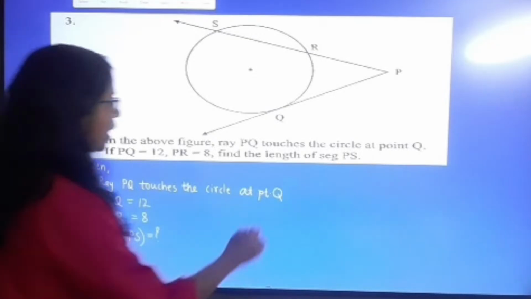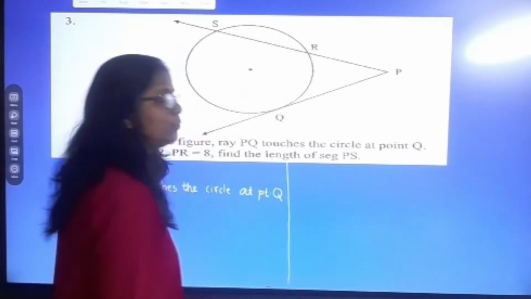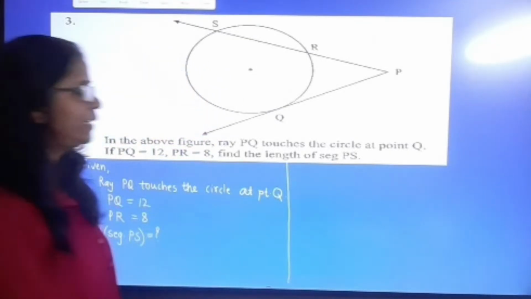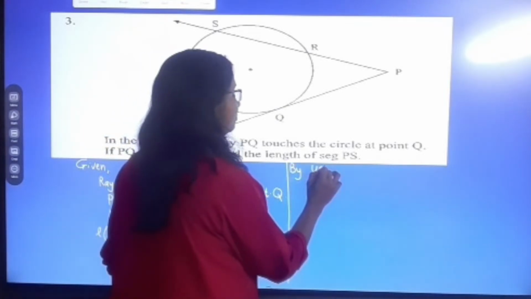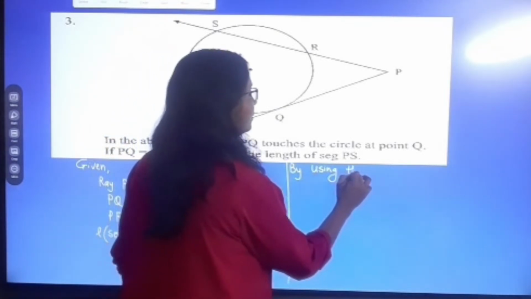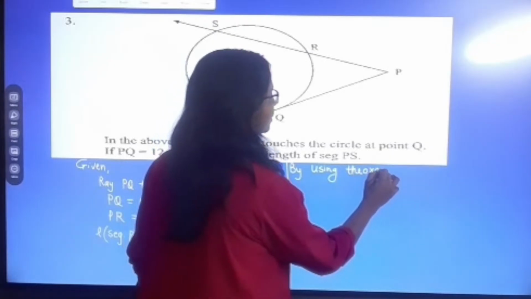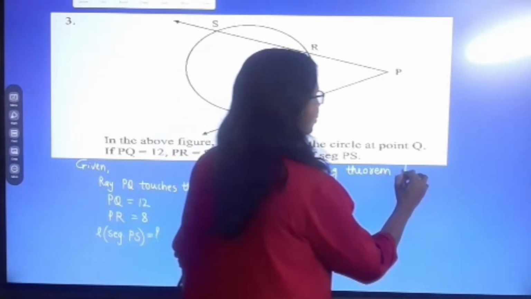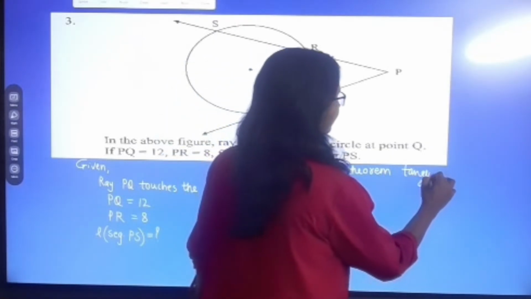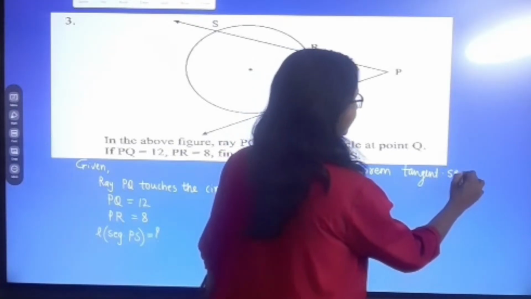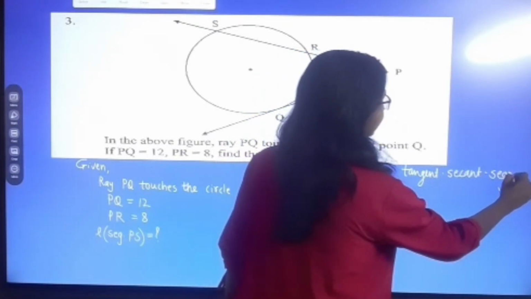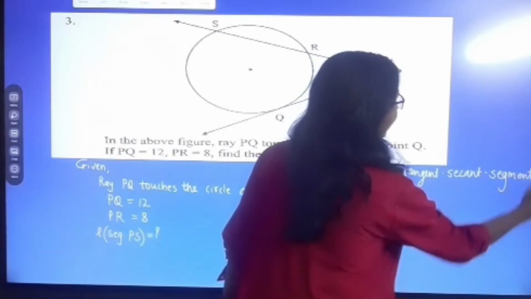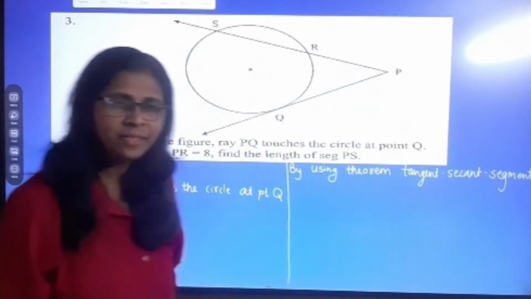Okay, so now here, students, I use the theorem. Here I write: by using the theorem of tangent secant segment.